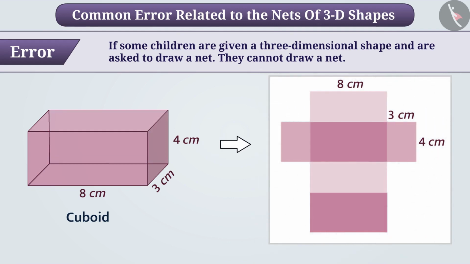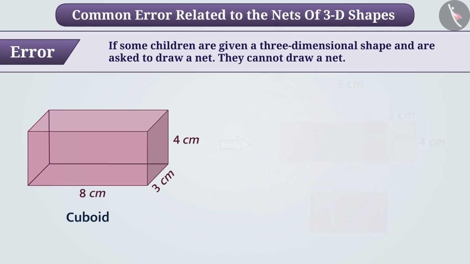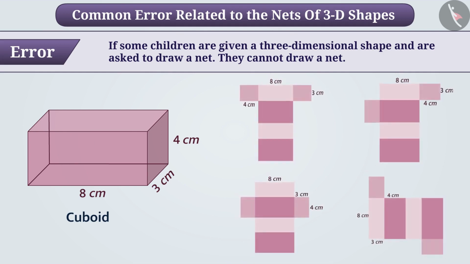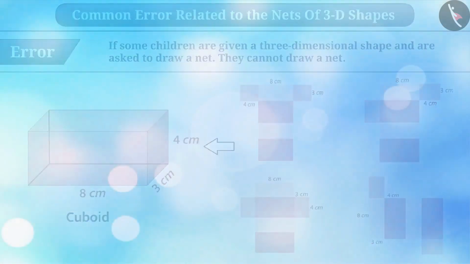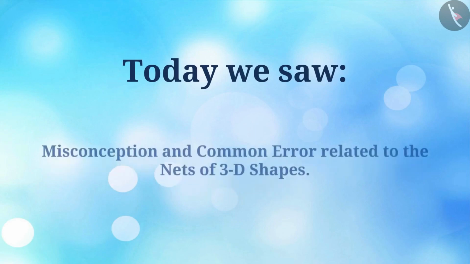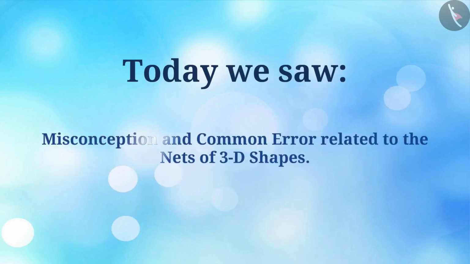Rather, the nets may also vary. Just like a cuboid can have different nets. Stop the video and imagine how they will form a cuboid. Today, we saw the misconception and common error related to the nets of 3D shapes.